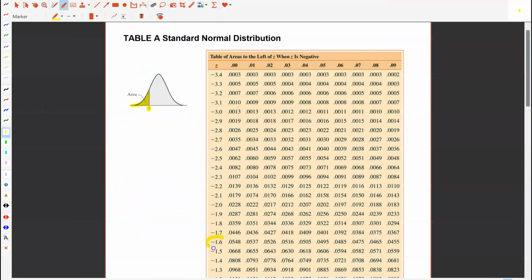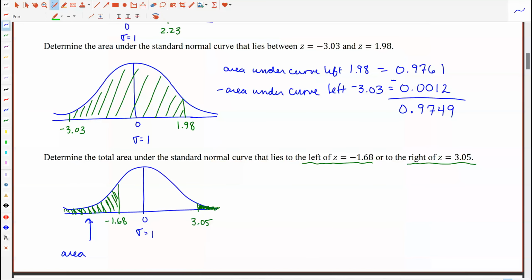Negative 1.6 is right here. I find 8 up here. Come across the row and down the column. So the area to the left of negative 1.68 is 0.0465. Let's go ahead and record that. 0.0465.